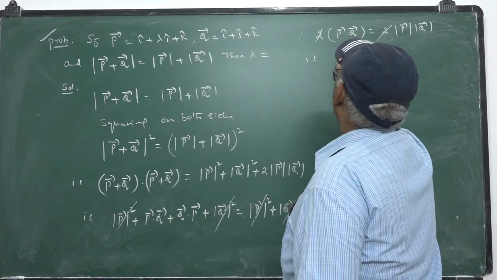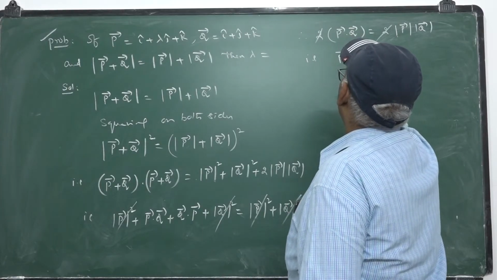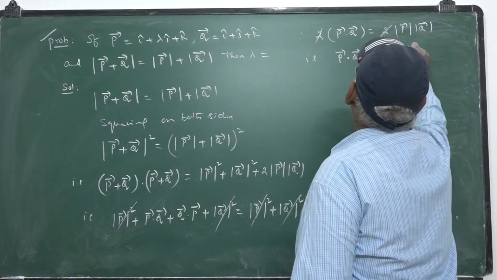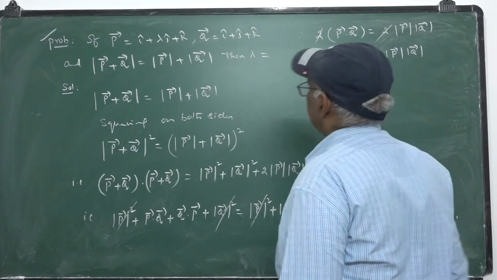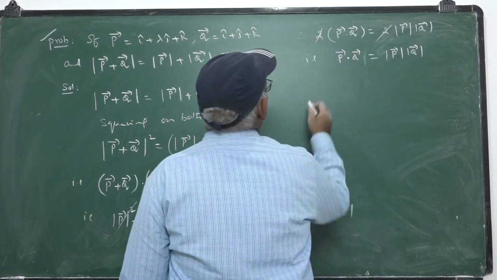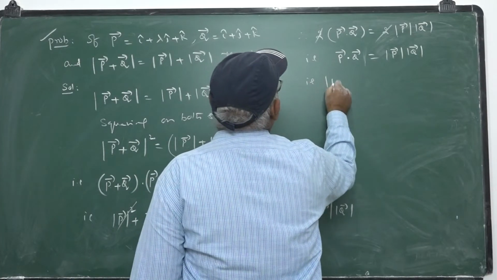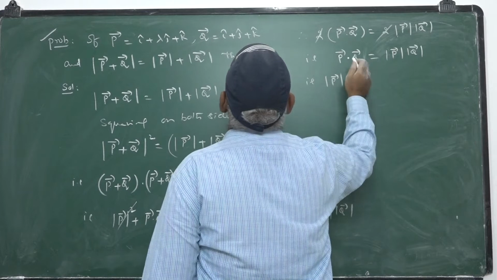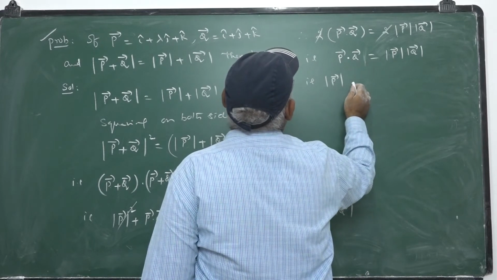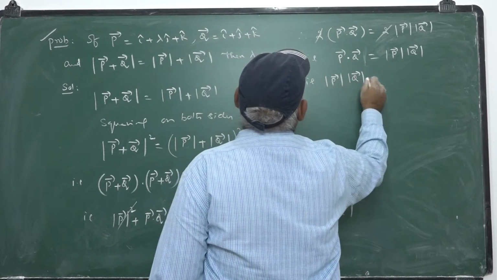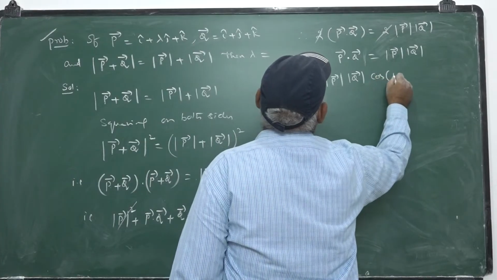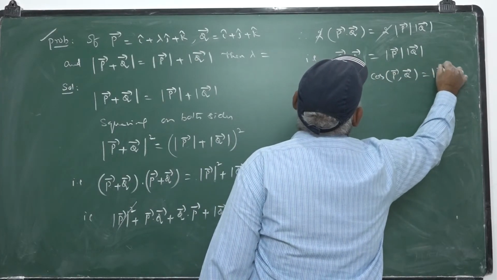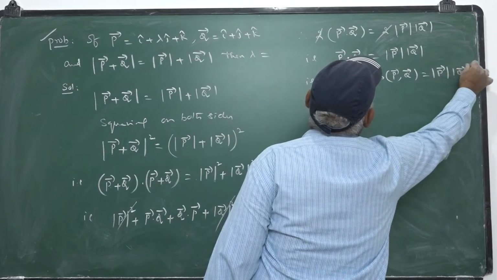So that is P bar dot Q bar, and P bar dot Q bar is mod P bar mod Q bar times cosine of the angle between P bar and Q bar, which is mod P bar mod Q bar itself.